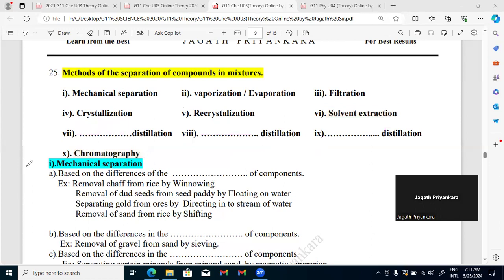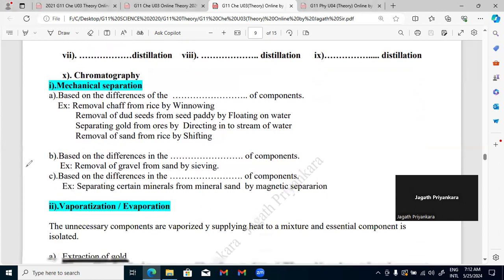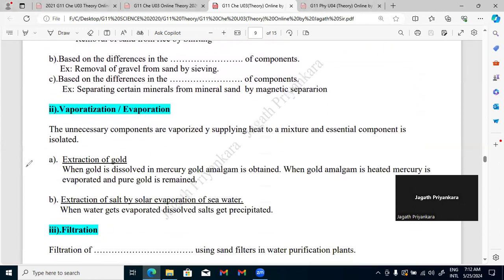Look at here. Number one, based on the differences in what? Removal of gravel from sand by sieving. Sometimes masons get fine sand from gravel, the large particles, or maybe they take river sand that can contain some wooden materials, and they do this.